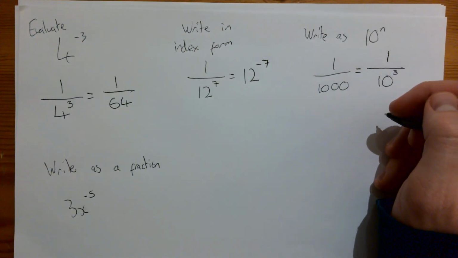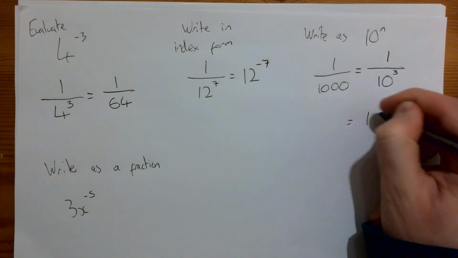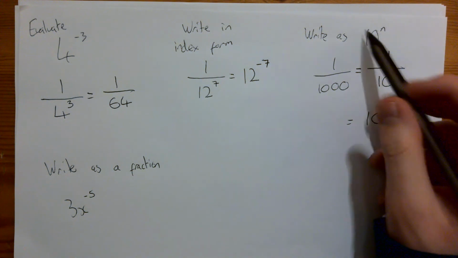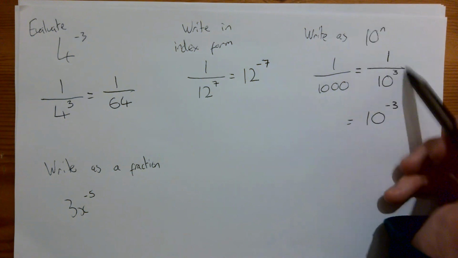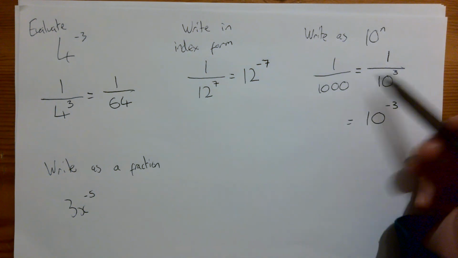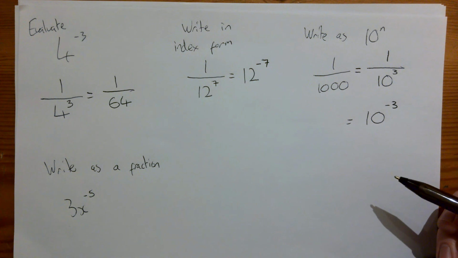And then I know that 1 over 10 cubed must be the same as 10 to the power of minus 3. So when you get questions like this, I've changed it to make that number on the bottom 10 to the power 3. It should always be a number that fits as a power, and then I can convert it back to that.